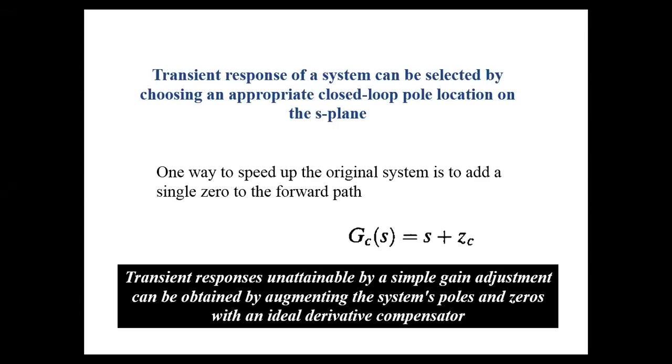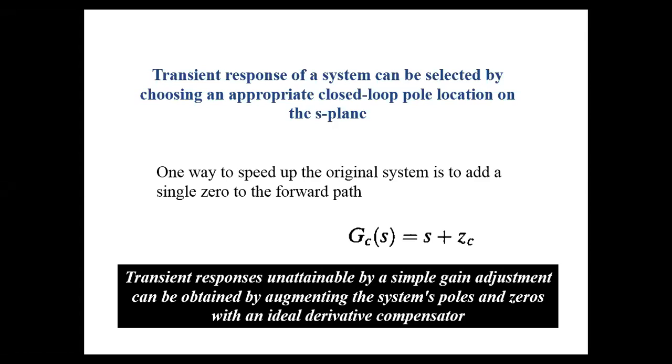The transient response of a system can be selected by choosing an appropriate closed loop pole location on the S-plane. If this point is on the root locus, then a simple gain adjustment is all that is required in order to meet the transient response specification.